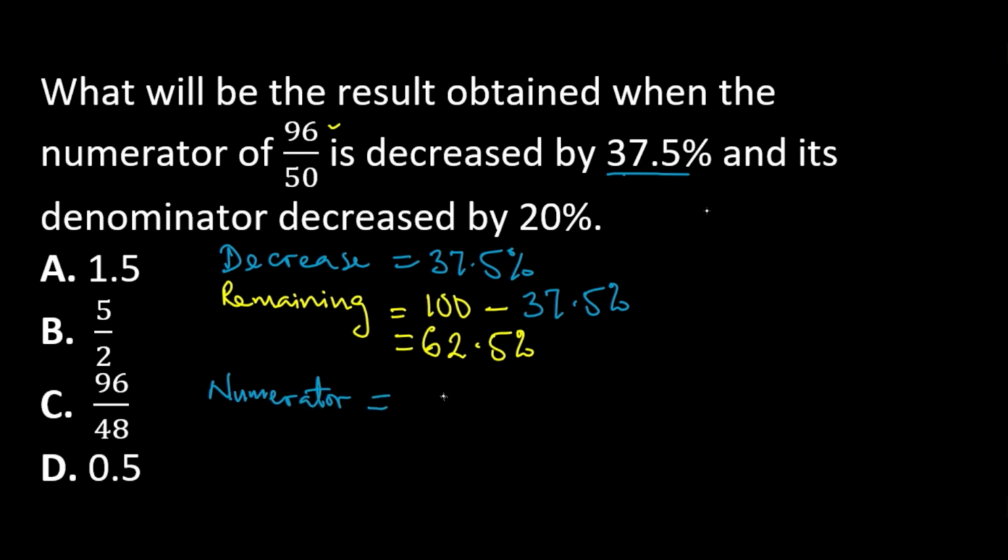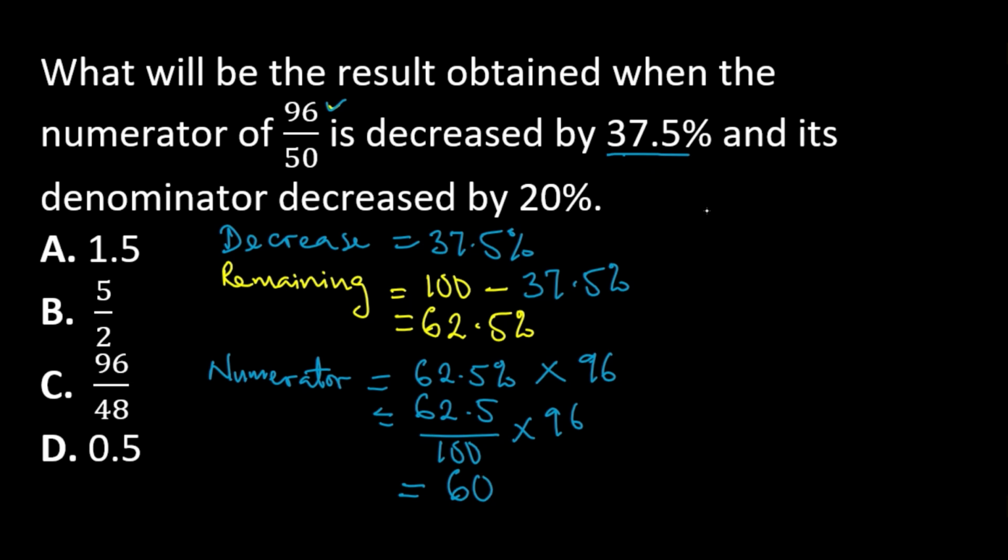So the numerator now, since it's decreased by 37.5%, will remain 62.5% of 96. So you just have 62.5 over 100 times 96. So the final answer for this one will be 60.